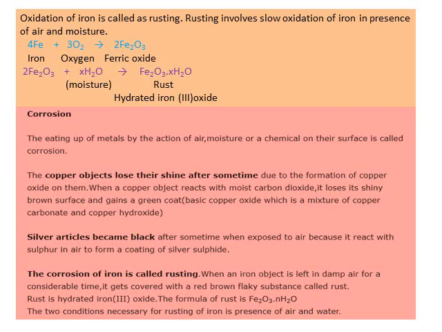Now let us see what is corrosion. The eating up of metals by the action of air, moisture, or a chemical on their surface is called corrosion. So as we have discussed, copper also undergoes corrosion. The copper objects lose their shine after some time due to the formation of copper oxide on them.